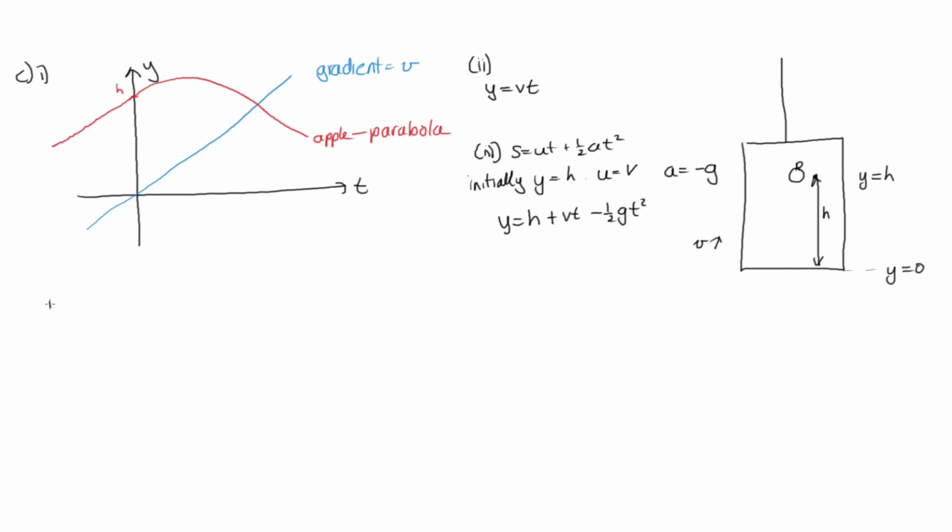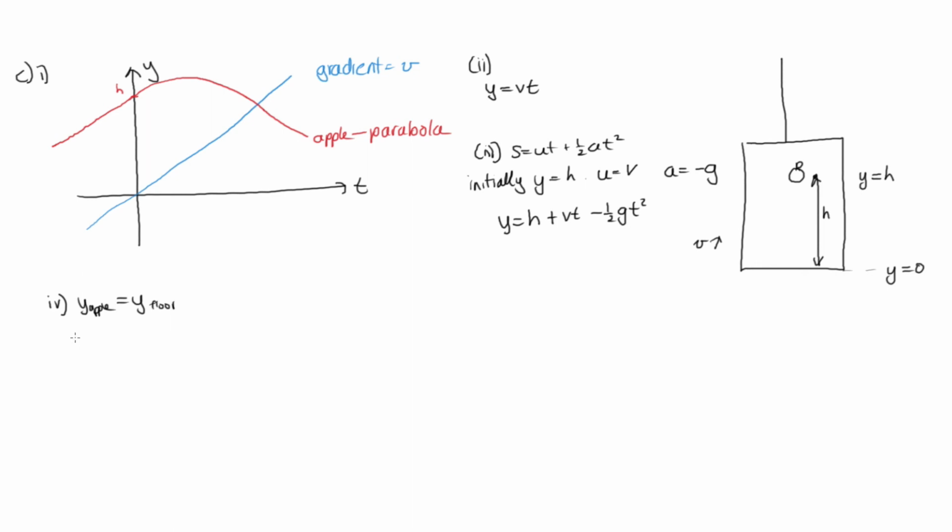Now part 4 then asks, showing your working explicitly, derive an expression for the time when it hits the floor. So the apple is going to hit the floor when the floor and the apple are at the same location. So to solve that, I'll need to have their y's the same. So I'll need y apple, which is what I found in part 3, equals y floor, which is what I found in part 2.